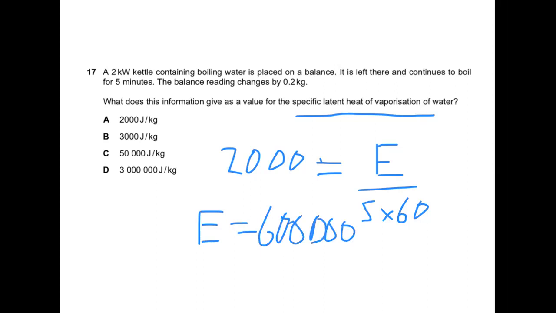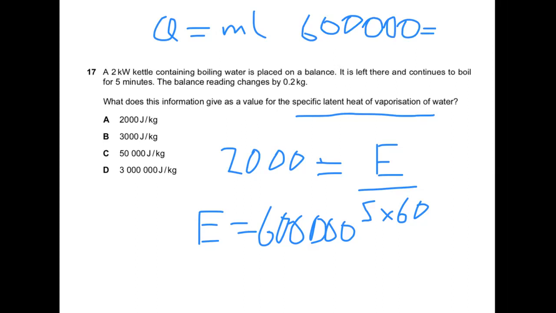Now, what we have to find is the latent heat of vaporization. The formula for latent heat is Q equals ml. Q is energy or heat. So energy equals 600,000 equals mass into latent heat.